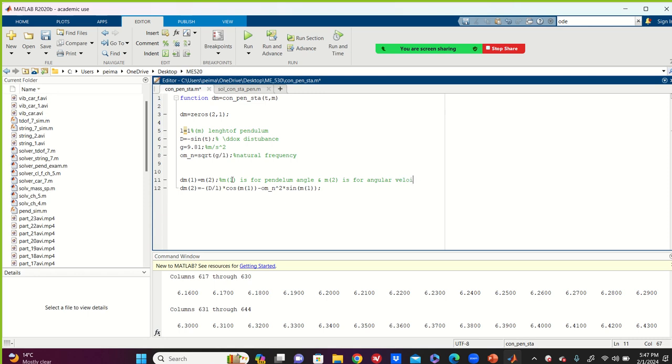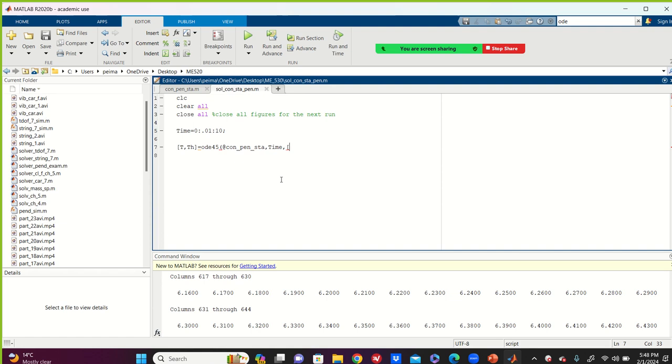That's why dm2 means angular acceleration, theta double dot, that we derived mathematically. So I'm going to say starting from 0 and 0. This is the initial condition I want to have. We can write it like this, and then close it.